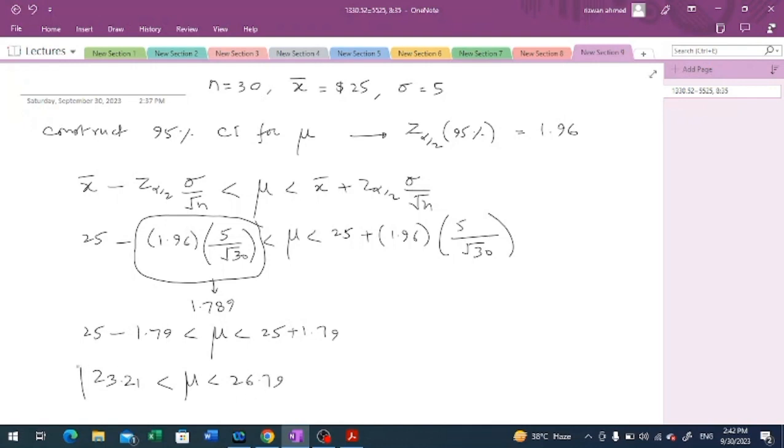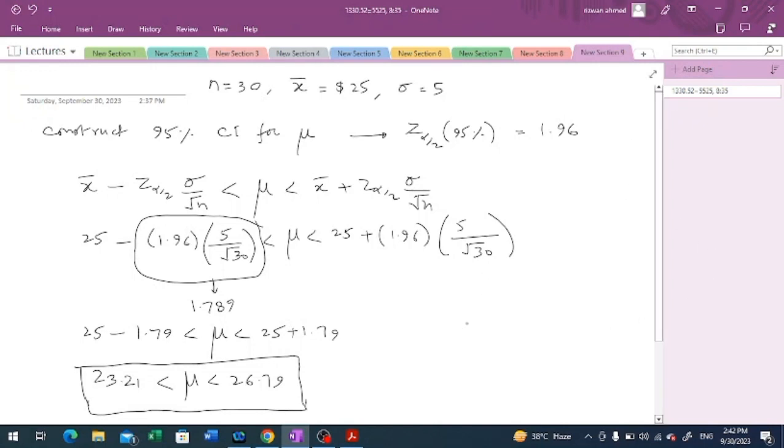Now, how do we interpret these two answers? What we have done? We have constructed a 95% confidence interval to determine the mean income of the people, or mean hourly wage or mean wage of the people who are living in this town.